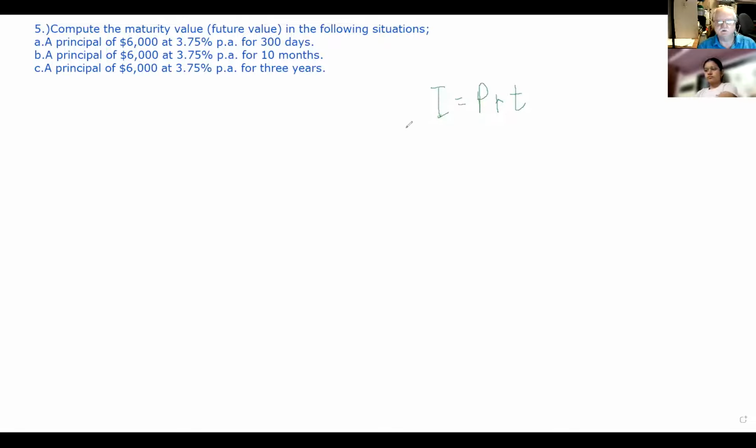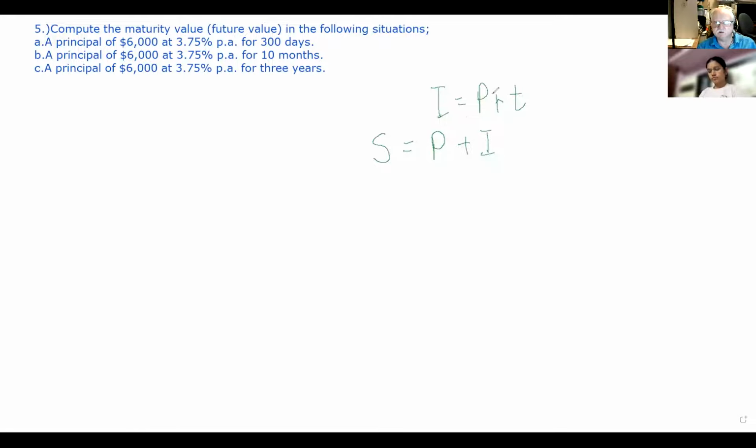What they want now is the maturity value. So what they're wanting us to calculate is the principal plus the interest amount, which will give us what they call the sum. They use the letter S representing the sum of principal plus interest.